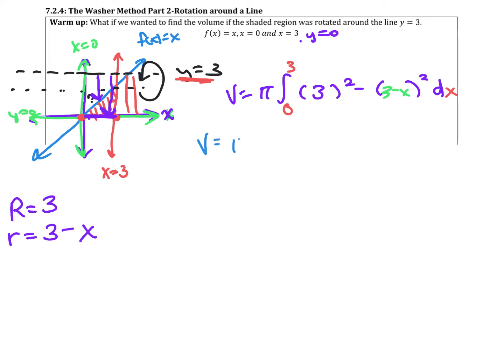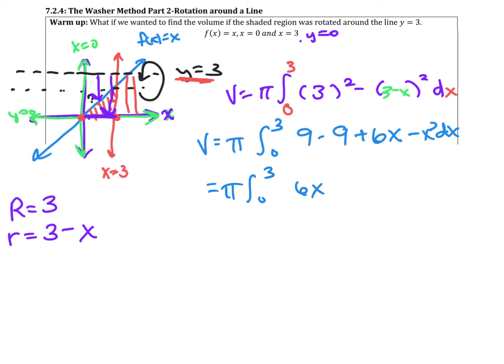So if we work this problem through, I'm going to go ahead and simplify inside here. This is going to be 9 minus 9 minus a negative, so plus 6x minus x squared, and we're integrating with respect to x. So this is going to simplify to pi times the integral from 0 to 3 of 6x minus x squared dx.